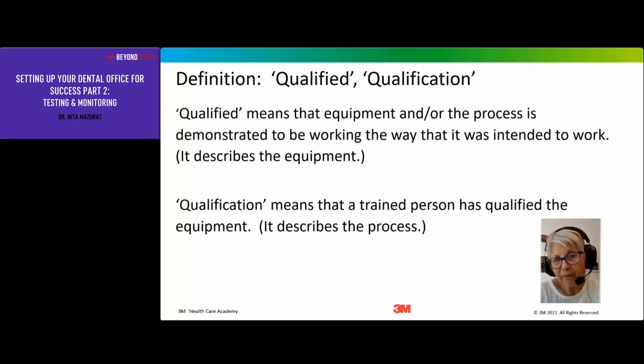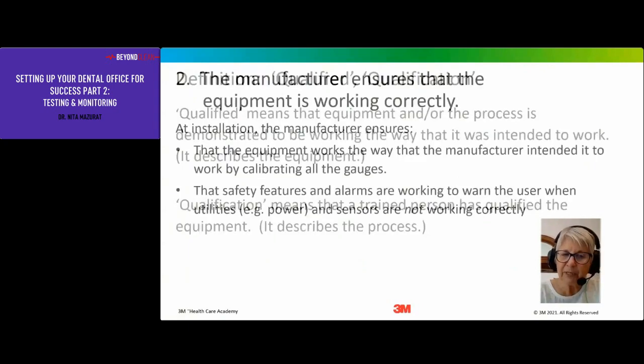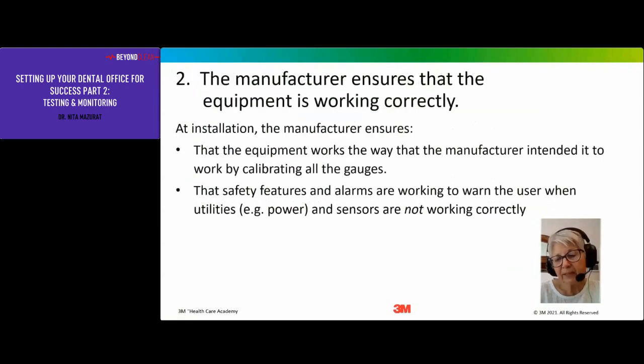Qualification, qualified and qualification. Qualified means that the equipment or the process is demonstrated to be working the way that it was intended to work. Describes the equipment. And that was done by the technician who does the qualification. Means that a trained person has qualified the equipment. Describes the process. So the manufacturer ensures that the equipment is installed correctly, and then that it's working correctly.